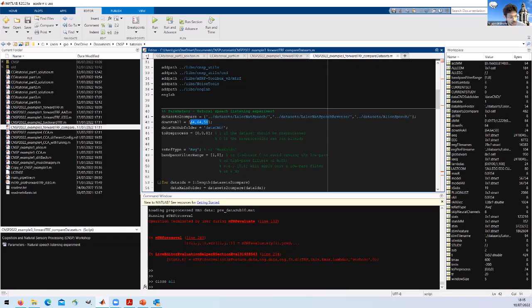The reason is that if you have, let's say, a vector with 10 elements, and you want to downsample it by a factor of 2, then one approach could be I just take every second element, or I can take the average of every pair of elements, or I can apply a filter and do that.